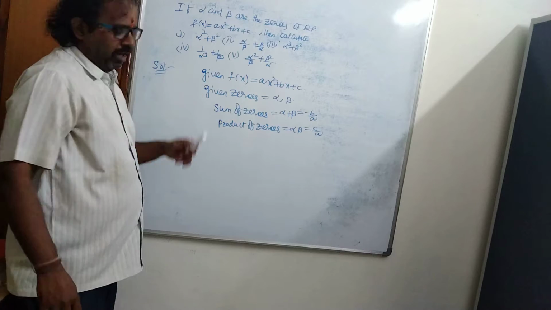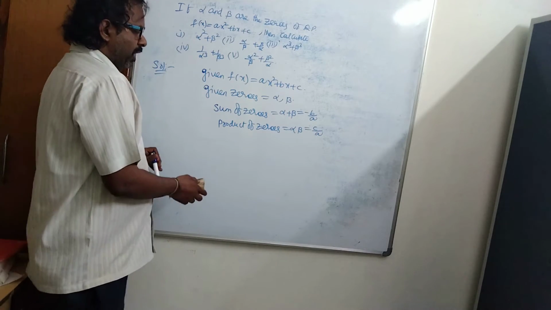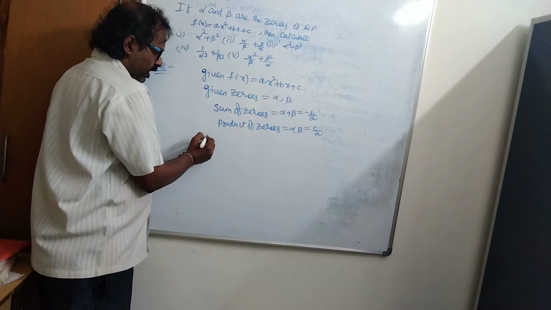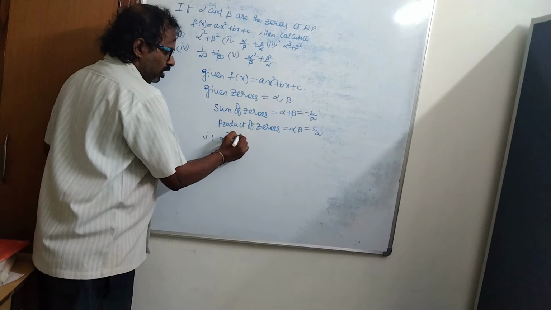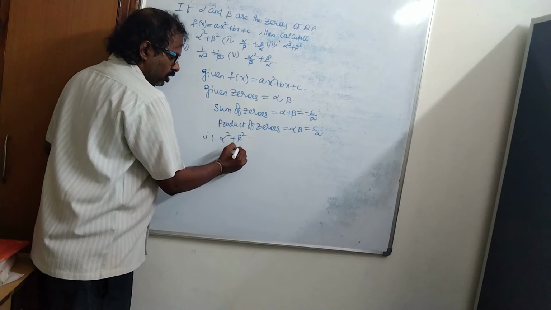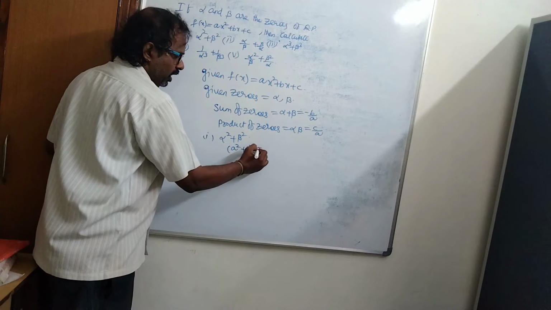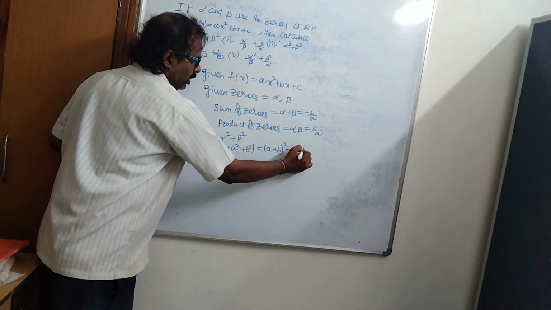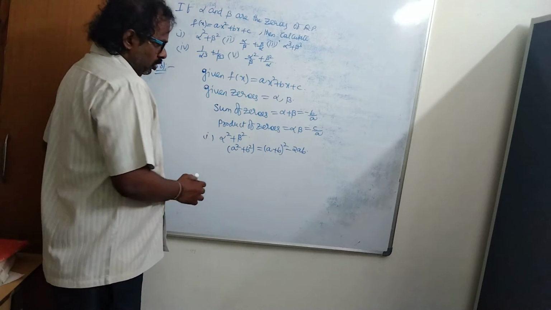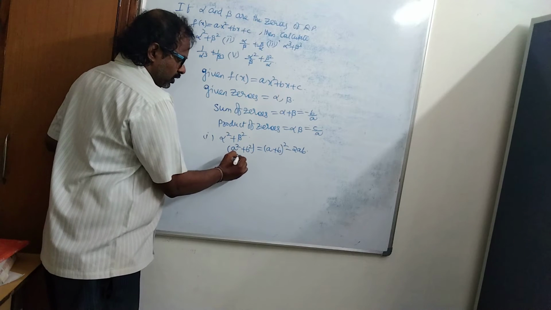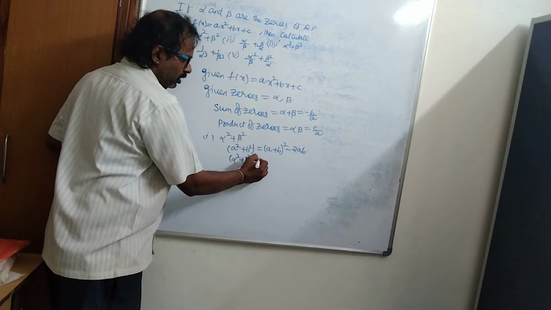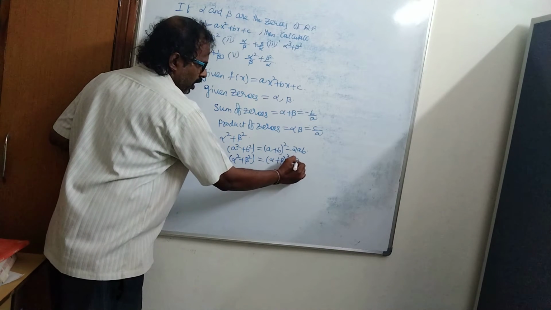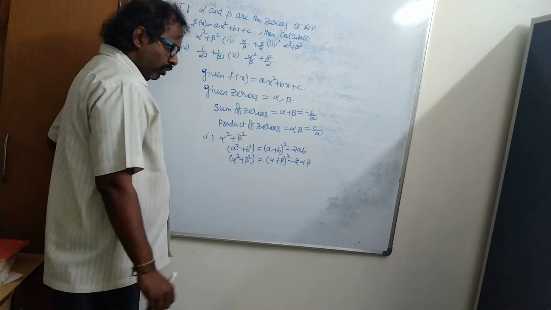So here first alpha square plus beta square. In the previous video itself we have seen that a square plus b square is equal to a plus b whole square minus 2ab. In the same way alpha square plus beta square is equal to alpha plus beta whole square minus 2 alpha beta.